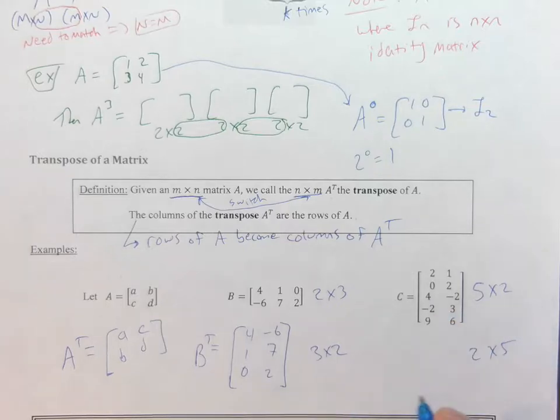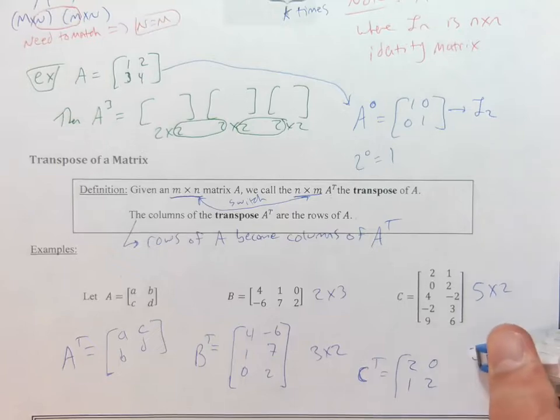And then if this is C, C transpose is going to be a 2 by 5. And so row 1 becomes column 1, row 2 becomes column 2. I'm going to need to move this over because I didn't give myself enough room here. Row 3 becomes column 3. Row 4 becomes column 4.